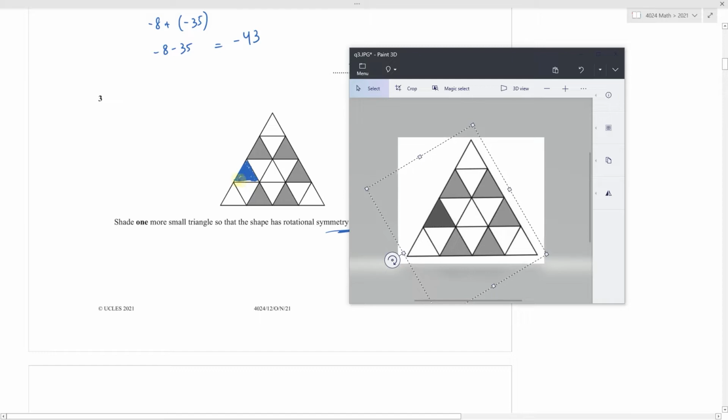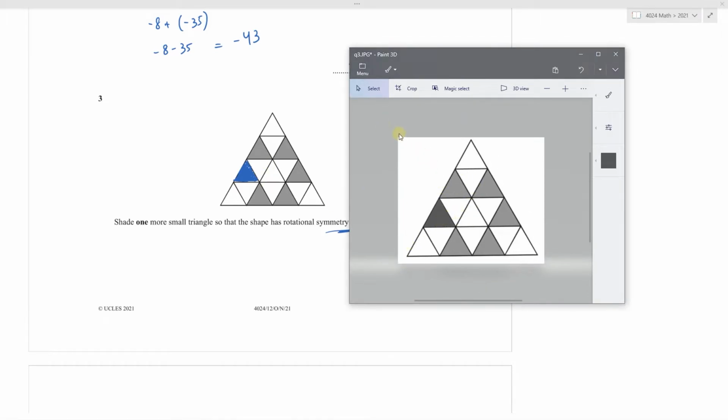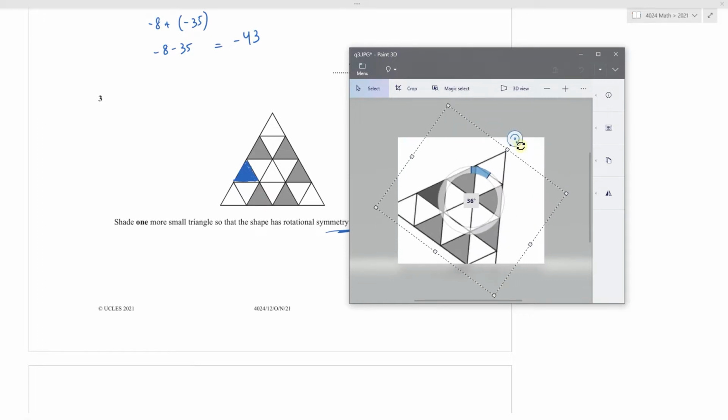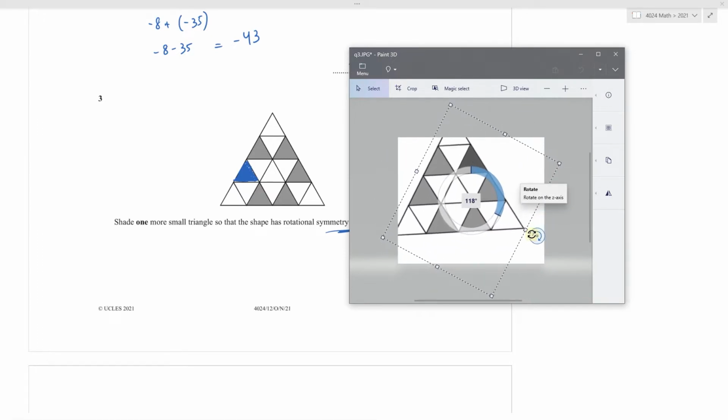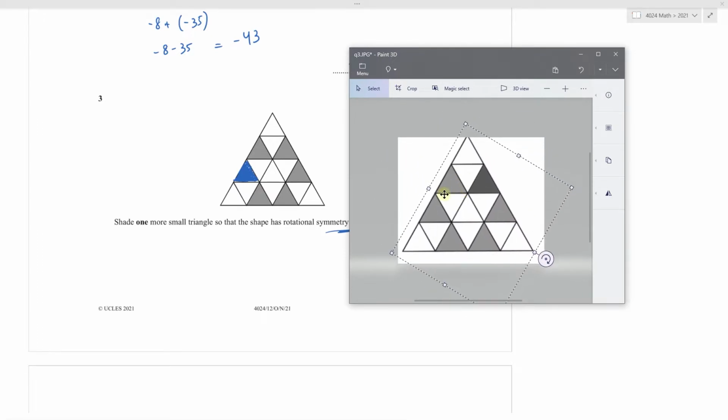Once you have shaded, you can double check as well if it's the correct one. So this is the original orientation. I've shaded this one and then I can rotate 120 degrees. And the pattern of these shaded triangles is the same as in the original. So these three and these three are shaded, these three and these three are shaded.